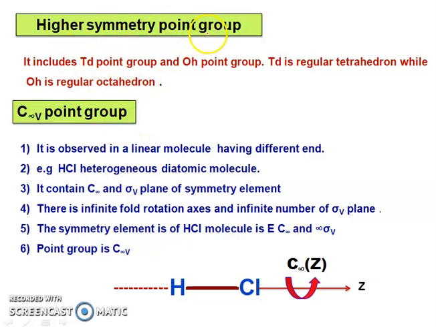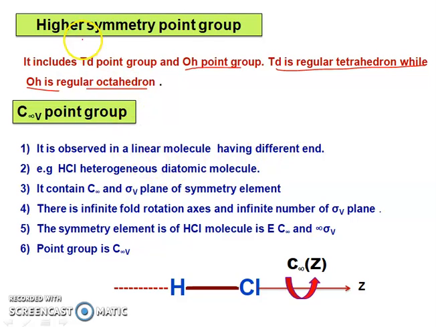Next is a higher symmetry point group. This type of point group can include the TD point group, like the octahedral point group. TD is the regular tetrahedron, while the octahedron is the regular octahedron point group.